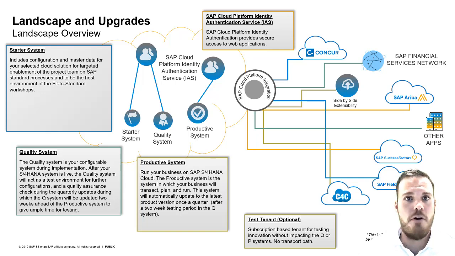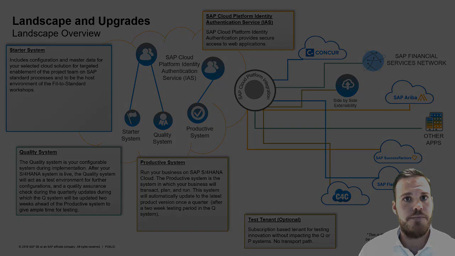Until then, you have learned a lot and you are now able to set up the system as you like in the quality system and transport it to the P system. If you need another playground, you are able to license another test tenant which is similar to the starter system. On the next slide, you will see the difference between all the systems.